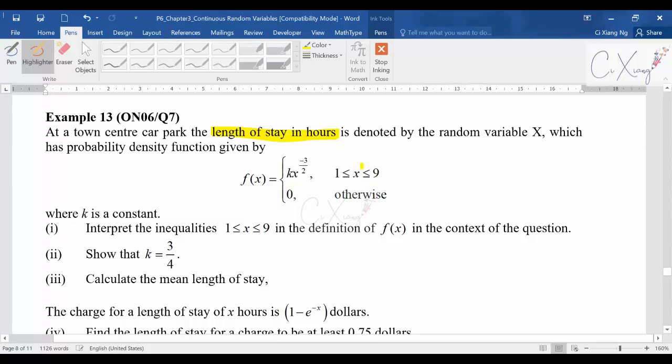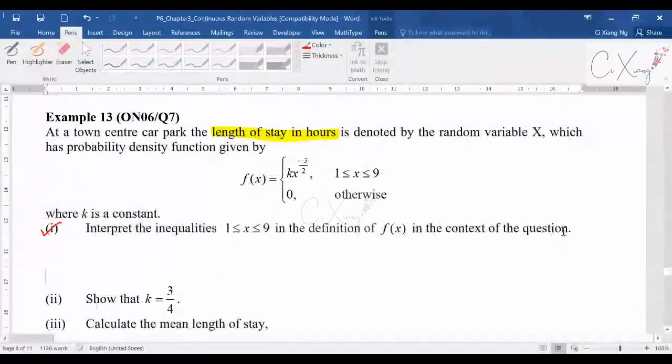All right, so first they want you to interpret the inequality X from 1 until 9 in the context of the question. All right, so if you want to explain it, so that's why I told you just now, they are talking about the car park, right? So that means the car will stay between minimum 1 hour, and then maximum is 9 hours.